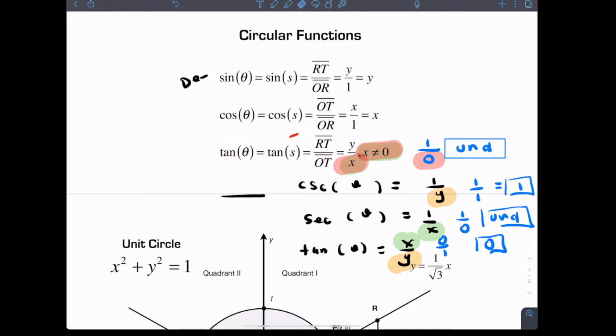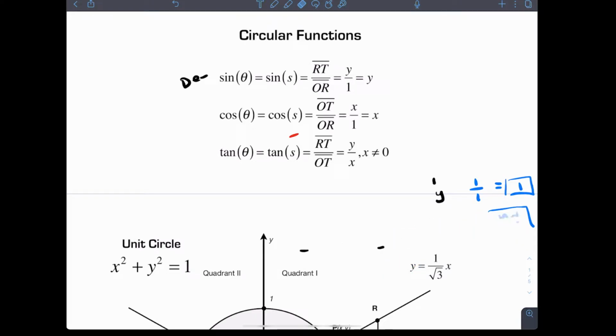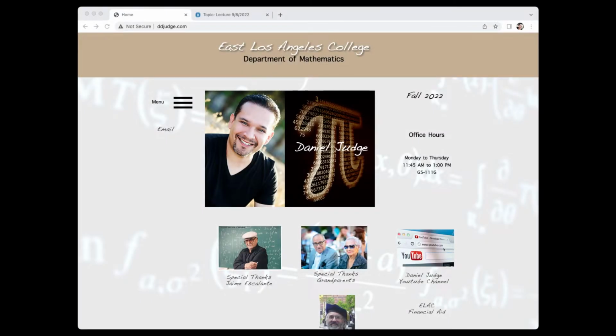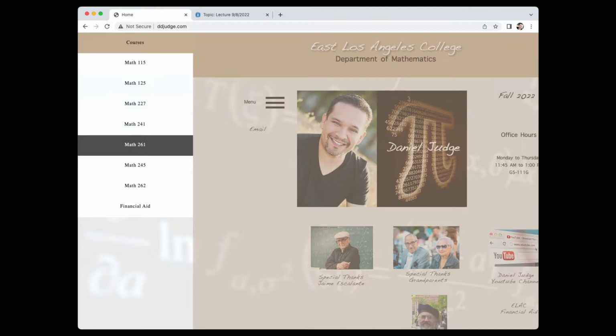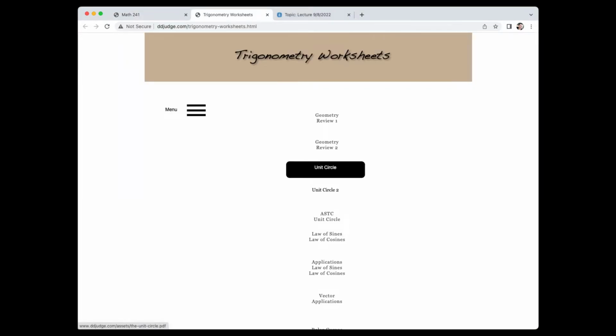Oh, and by the way, this handout that I'm working with here, where do you guys find that? I didn't show you guys. I need to show you. Okay, I need to show this to you guys. Just so you guys know, where are you getting those notes from? I'm getting them right here. I go to Math 241 from my website, worksheets and videos. I don't know what I titled it.